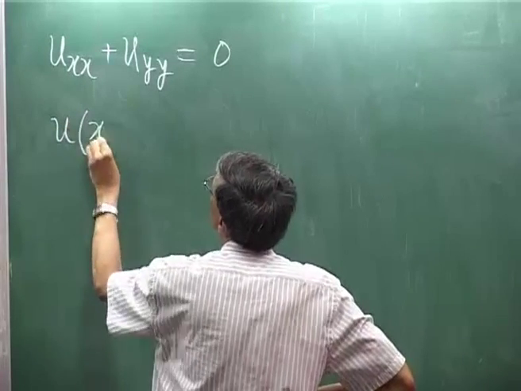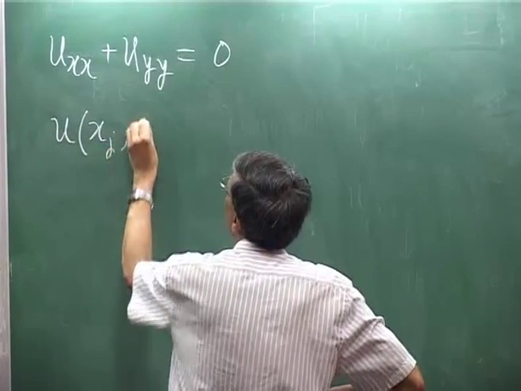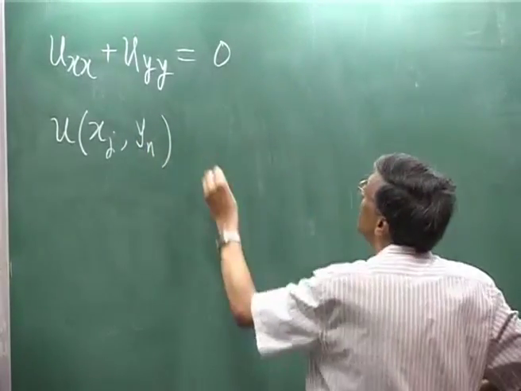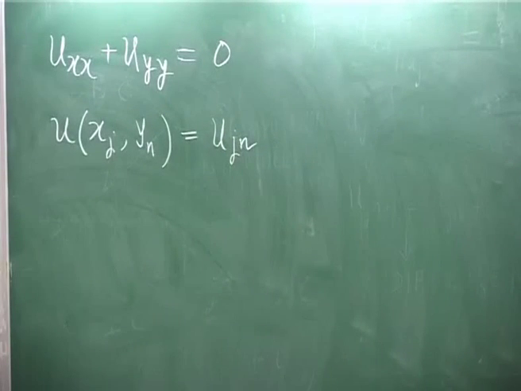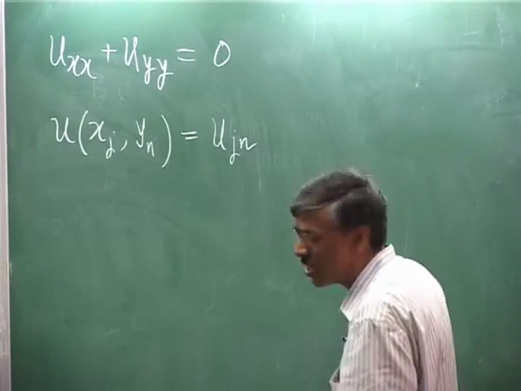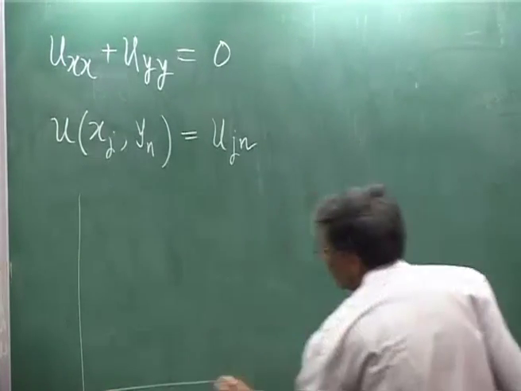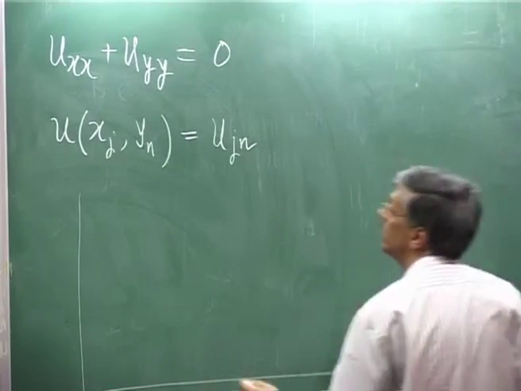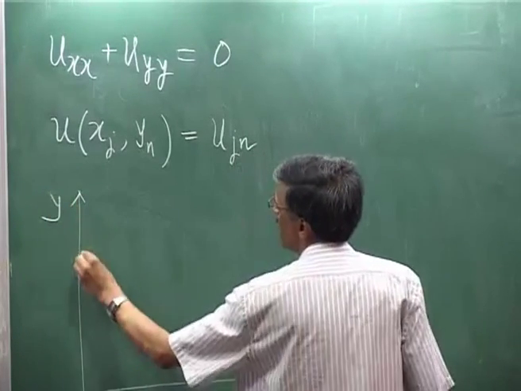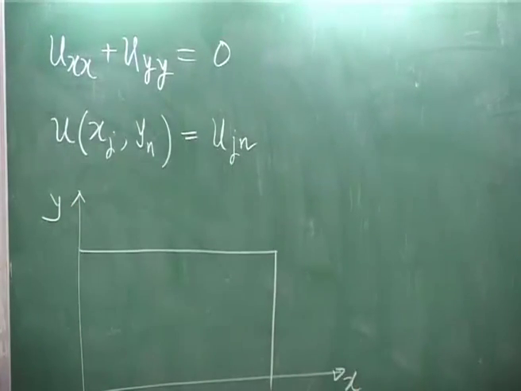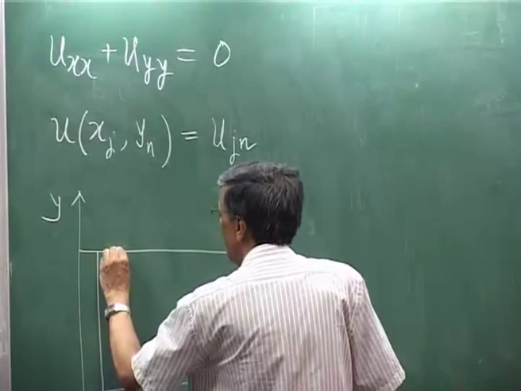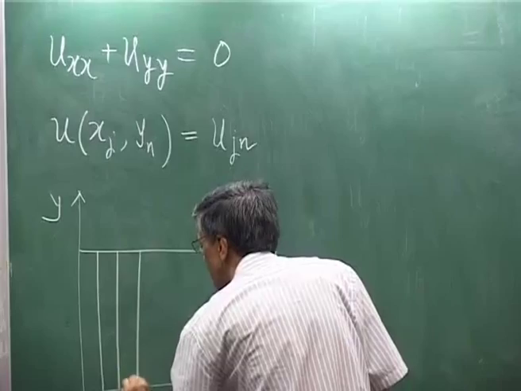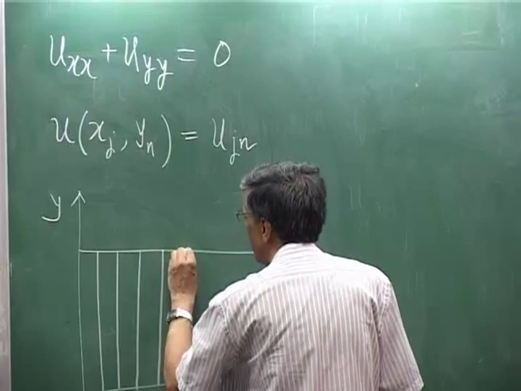I could write this solution again x j and call it as y n, and I will write it as u of j n like this. Then what you are now noticing, that your computational domain is in the x y plane. And just for the sake of simplicity, let us say we have identified a region like this, and the first step will be, of course, deciding how many points we would like to deploy in getting this computed solution.